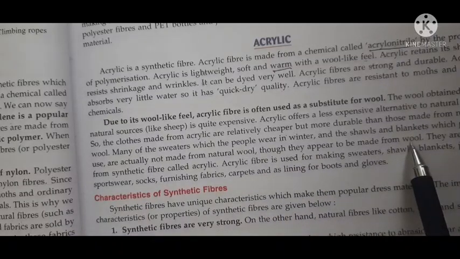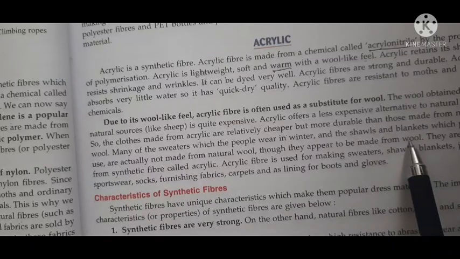These things are used in place of things made up of natural wool, because those winter clothes made of natural wool are expensive.